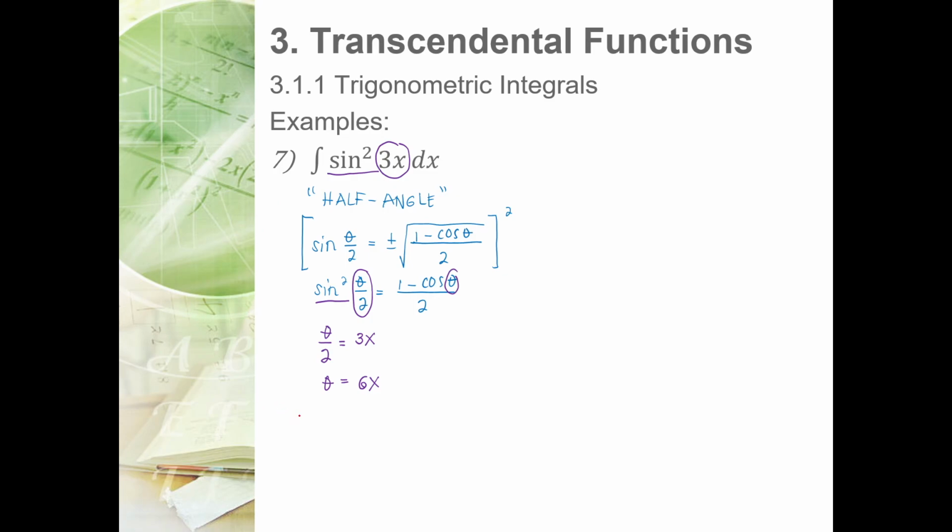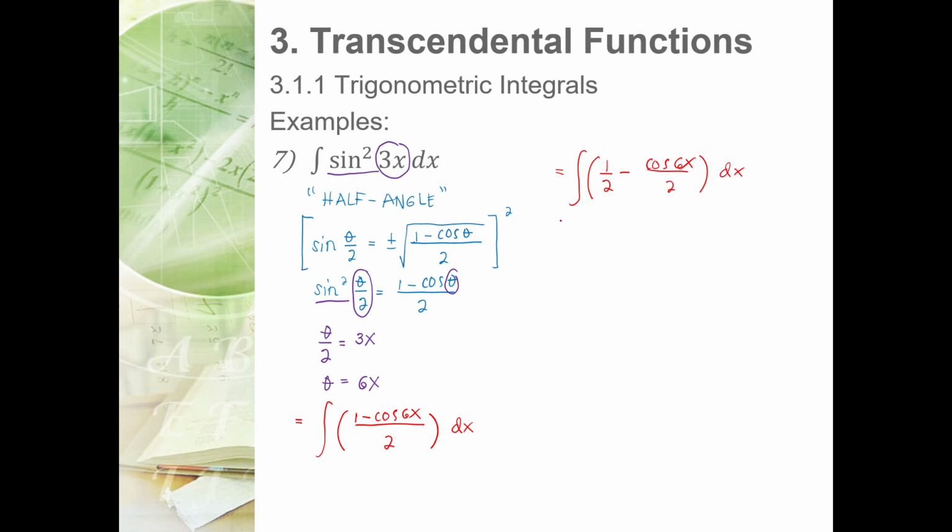Okay, so simplifying the equation, we have 1/2 minus cosine 6x all over 2 dx. So again, if we try to create two terms out of this, this will become 1/2 minus cosine 6x all over 2 dx.